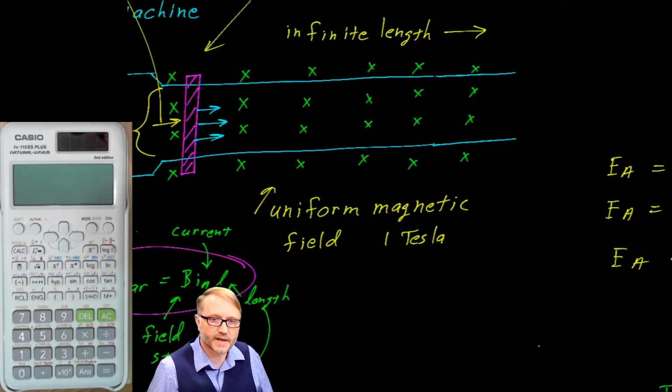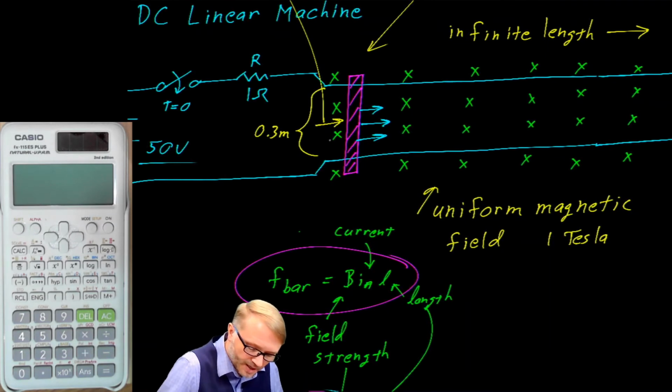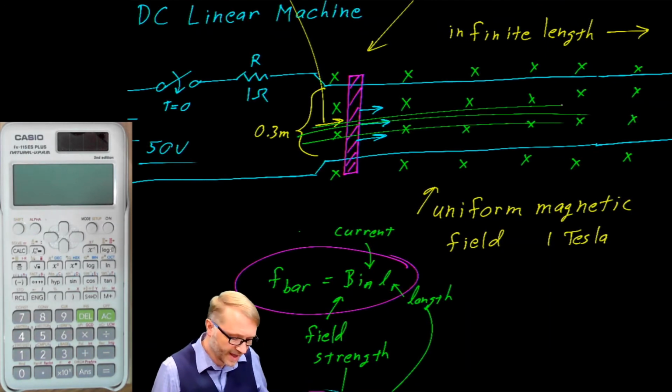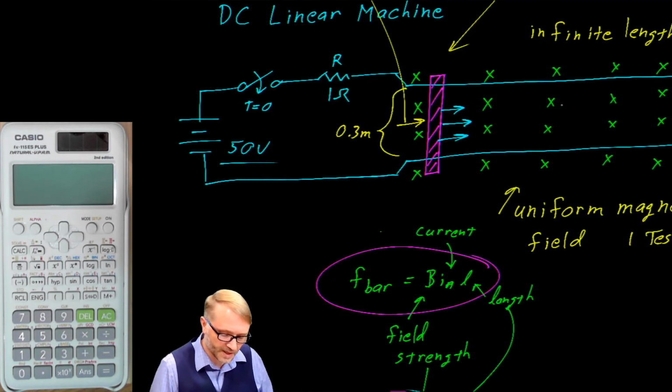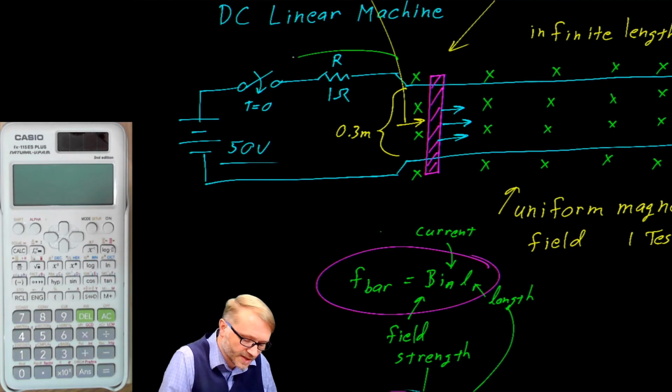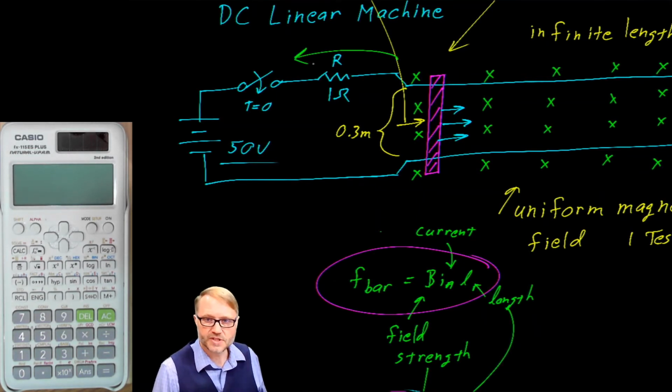By pushing this bar in this direction at a rate of 200 meters per second, we have made a battery charger. And the current will flow this way. I'll leave it to you to do the homework set where you see what happens when this operates as a motor.